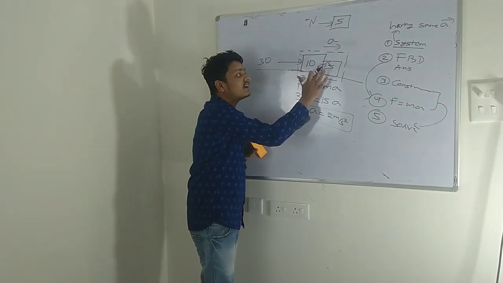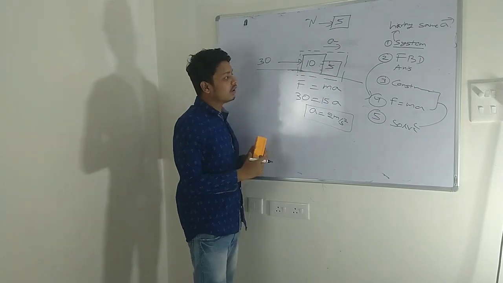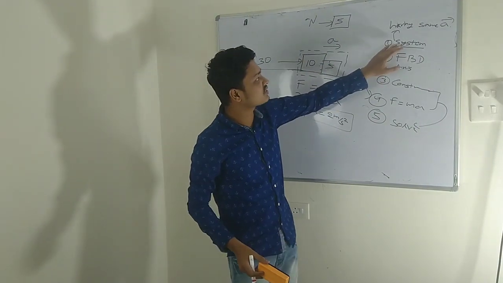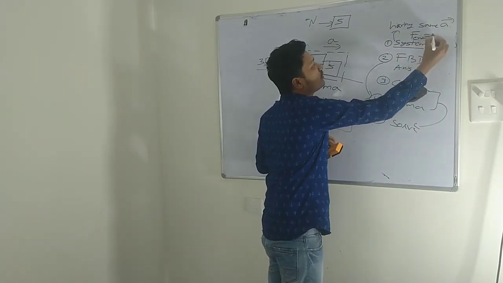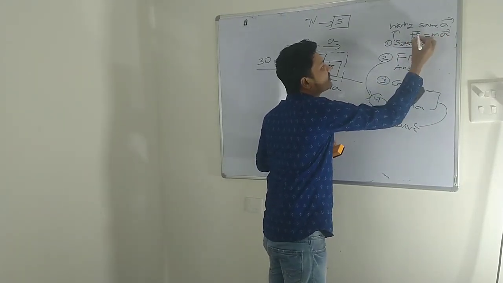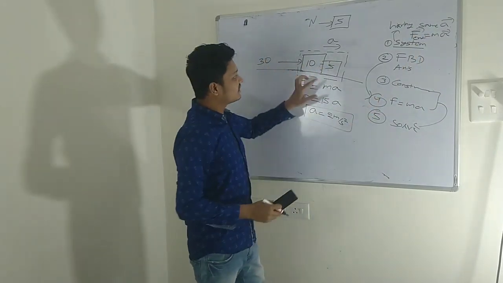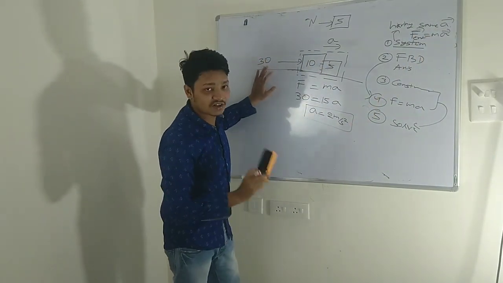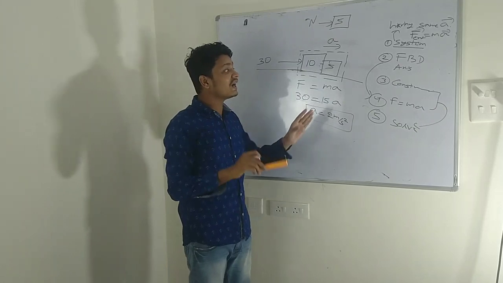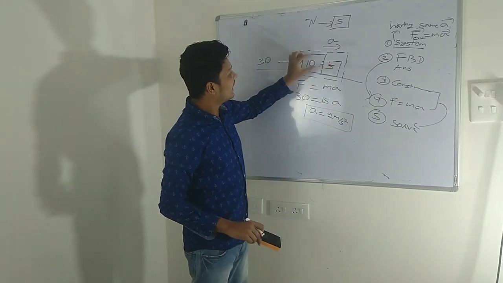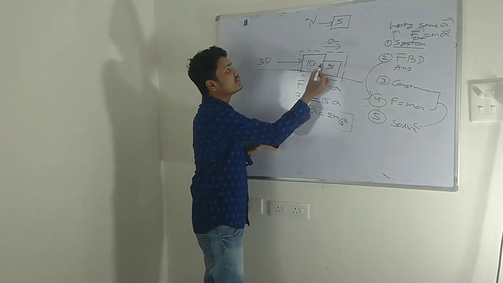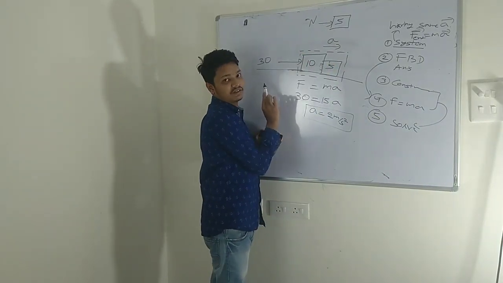Because these are internal forces. When you apply to a system, you write F external force is equal to mass into acceleration of the system. And in this system, external force is 30. But when I take 5 kg as a system, then the normal force is an external force for 5 kg.